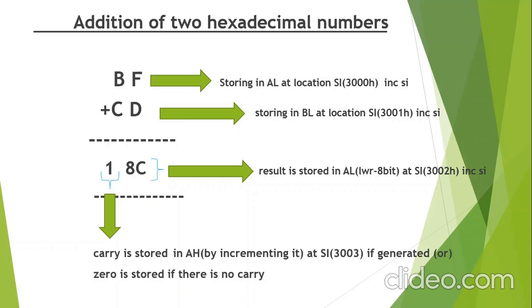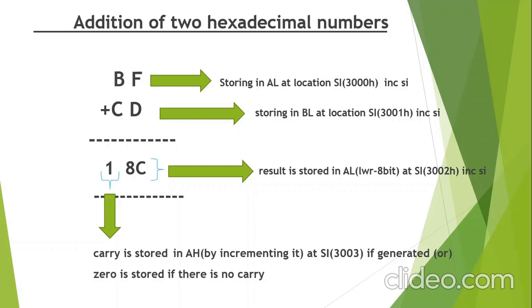But what if carry occurs? If carry occurs, that is if the result is 9-bit, we move that carry to AH at memory location 3003. Remember, these memory locations are important, so understand them carefully. The first number is at memory location 3000. Next we incremented SI by 1.